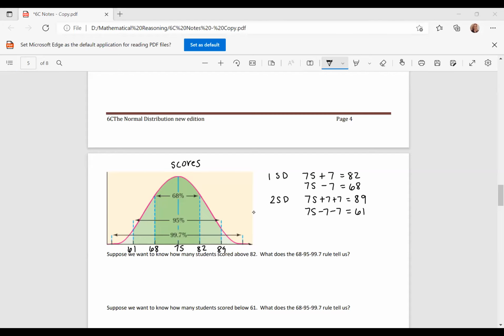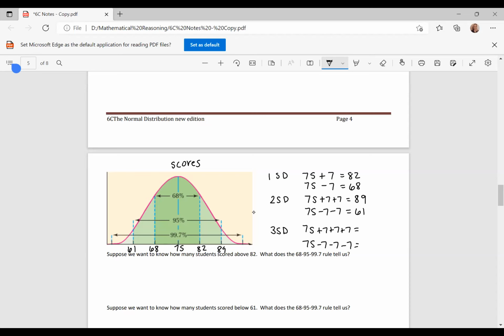Okay. And then if we want to look at 3 standard deviations away, remember 3 standard deviations away is 99.7%. We would do 75 plus 7 plus 7 plus 7, and then 75 minus 7, minus 7, minus 7. Now, the easier way obviously would be 75 plus 3 times 7, and 75 minus 3 times 7.